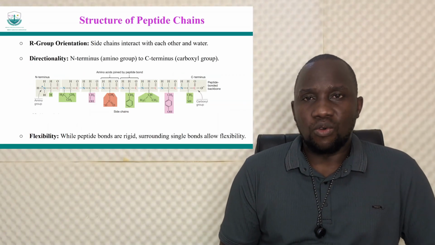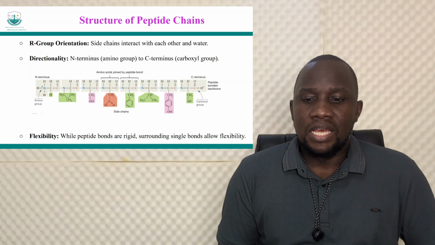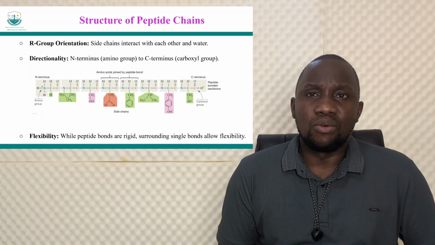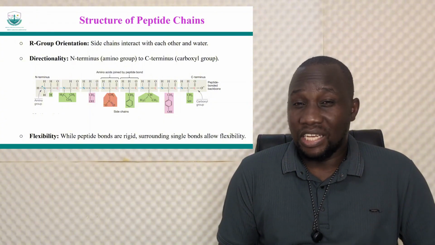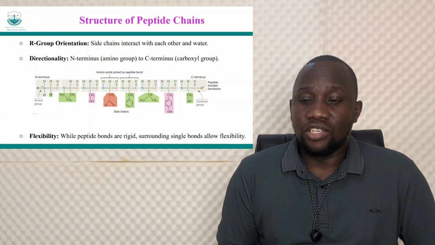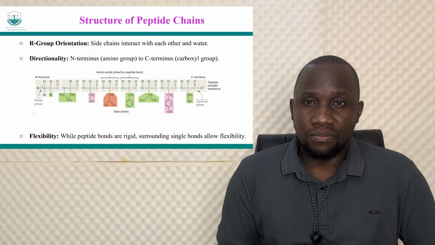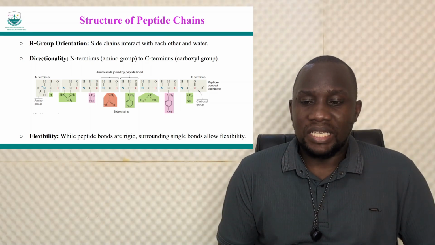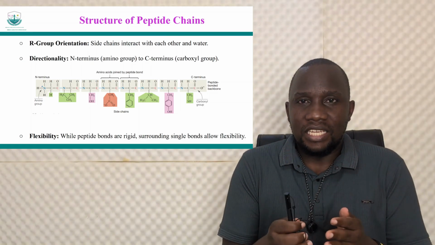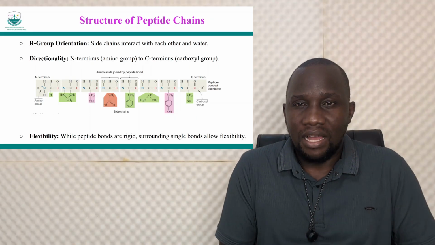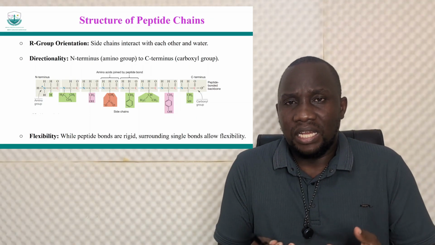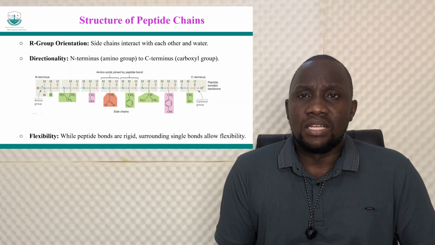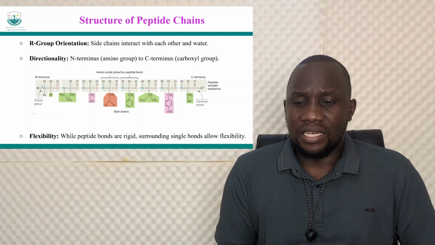So these amino acids combine through peptide bonds, and usually the R group can influence the extent of folding and the nature of interaction with water. What we are basically saying is that the side chain can interact through either hydrophobic interactions or through electrostatic attraction, ionic bonds and things like that.